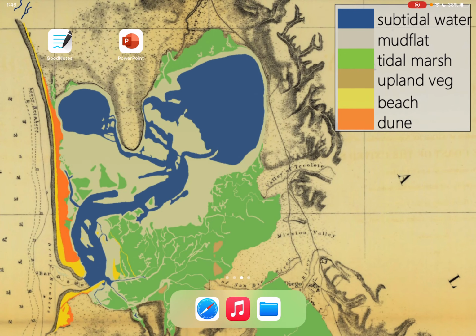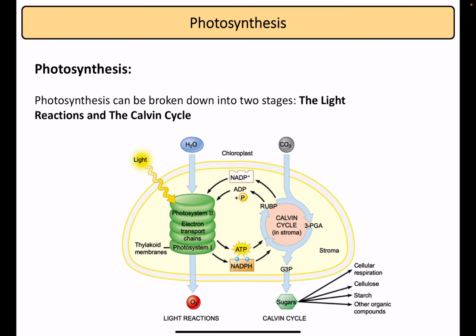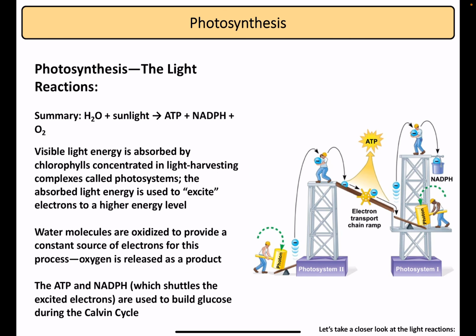Okay, now if we come back, these paragraphs should make more sense. The reason we needed water, again, was a source of electrons. So we split open water, providing us with a source of low energy electrons, which we excited using sunlight.